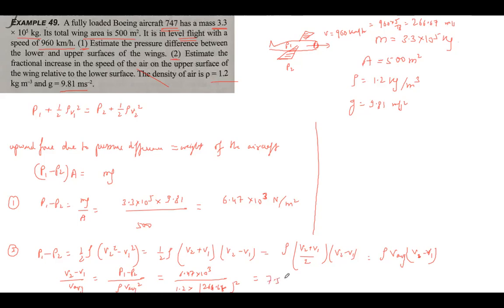So 7.5 into 10 to the power minus 2. So this is the fractional increase in the speed, 0.075. If we have to convert it into percentage, we'll multiply by 100, we'll get 7.5%.